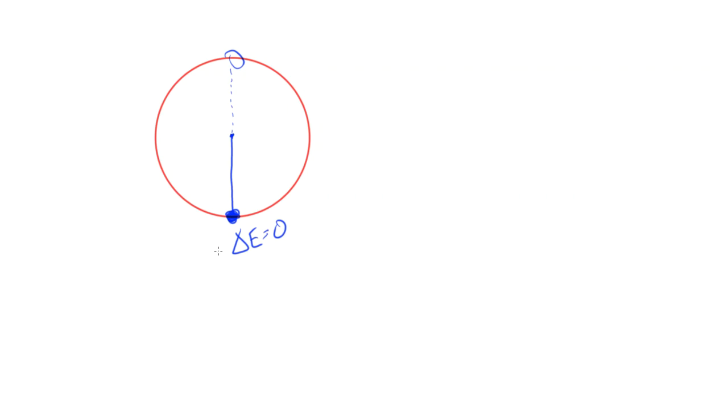If change in energy is 0, then your work is also going to be 0. Another thing that helps figure this out is that the force here is perpendicular to your motion, and work is force perpendicular to distance, so work is still going to be 0 as well.